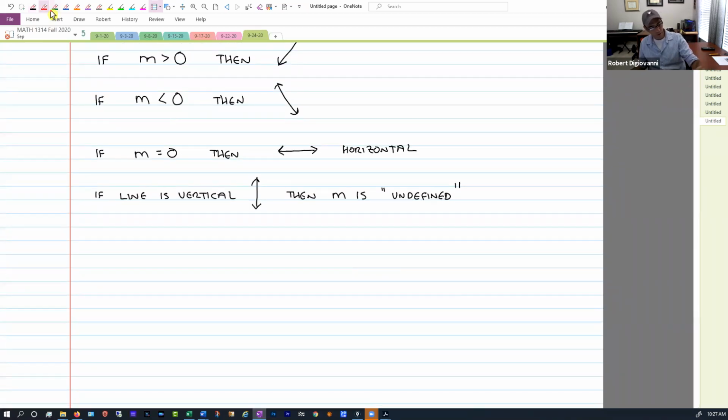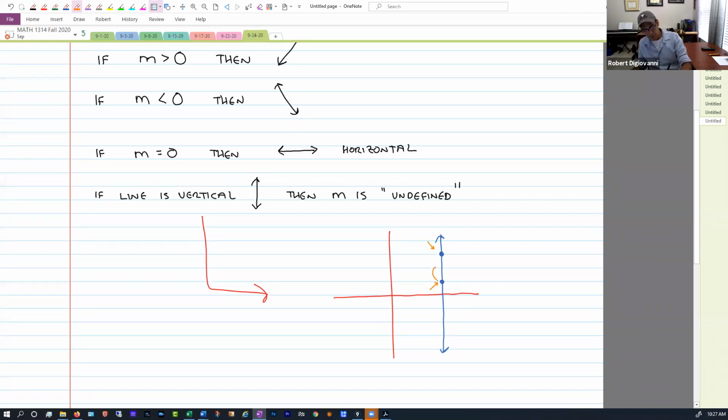So within this idea here, think about if I had a vertical line and I wanted to get from one point to the other, right? Let's say in this case, I want to go from this first point up to this next point.